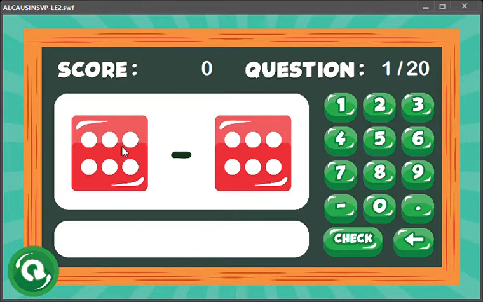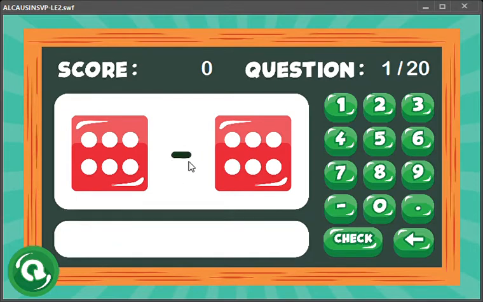So I made each of them. There's 1, 2, 3, 4, 5, and 6 sides of the dice, right? So there are two of them, two dice. I think it's die if it's singular. I'm not sure. But anyway. And then we have the minus sign.